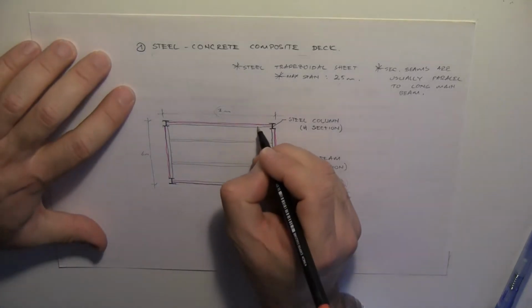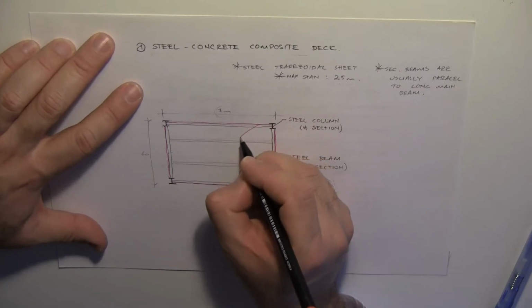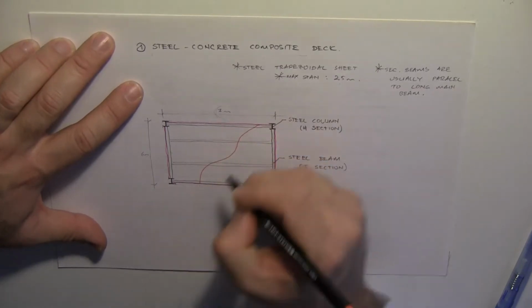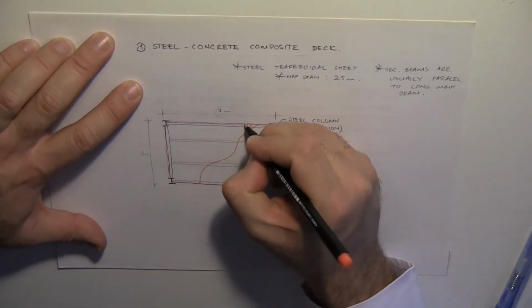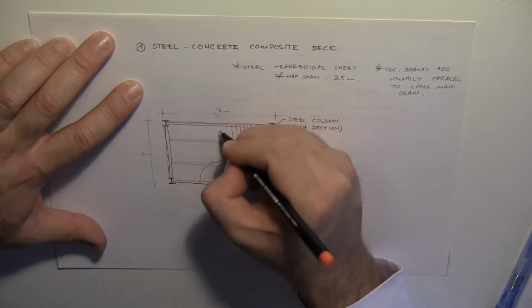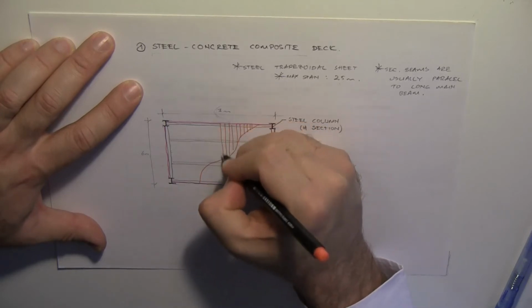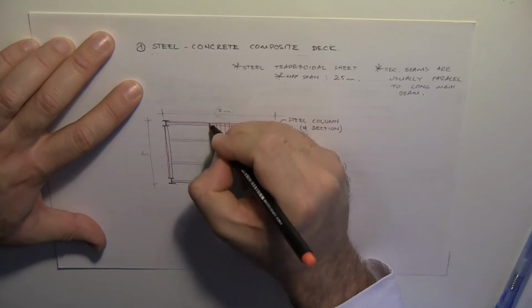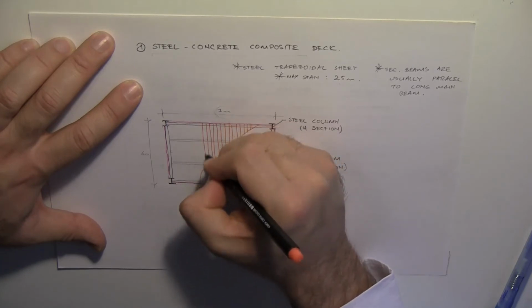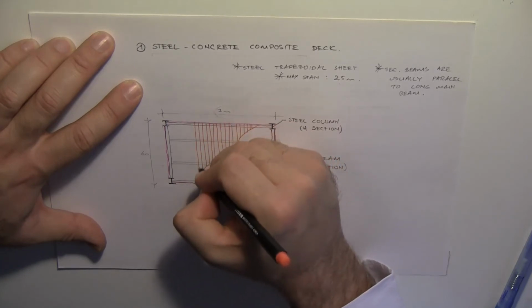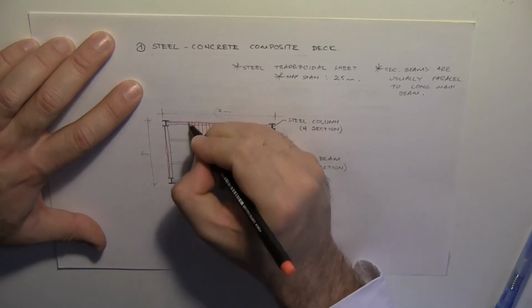And with orange, I am going to represent my steel trapezoidal sheet. These lines that I draw here represent the fold lines of my steel trapezoidal sheet.